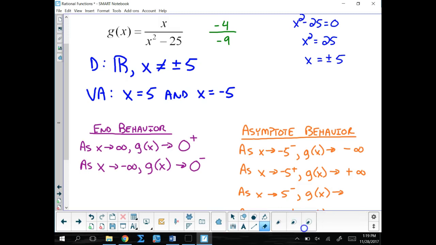Now let's go to the left side of positive 5. What's on the left side of positive 5? 4. That's going to go to negative infinity.